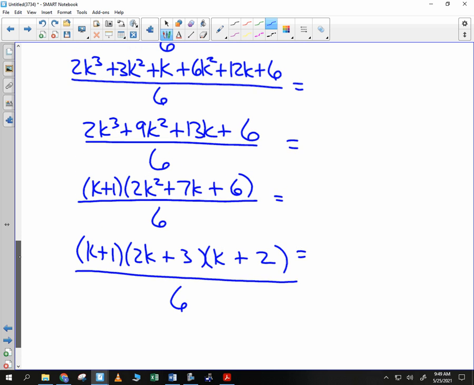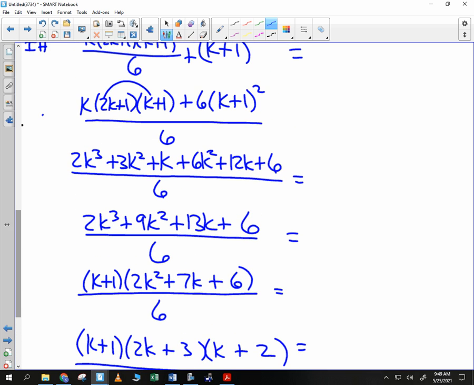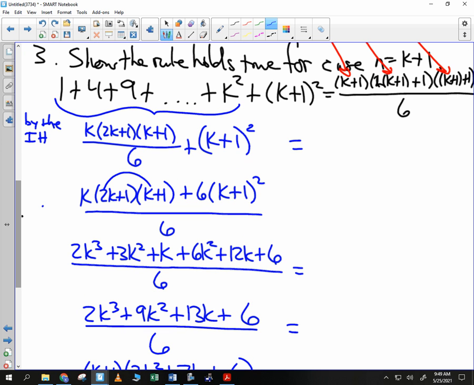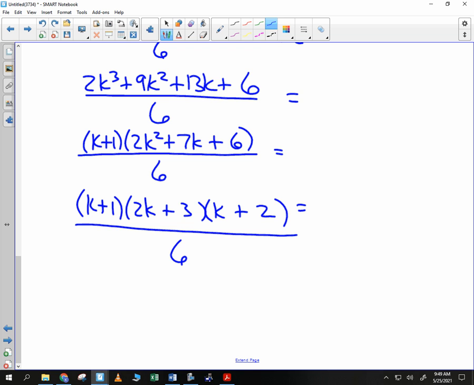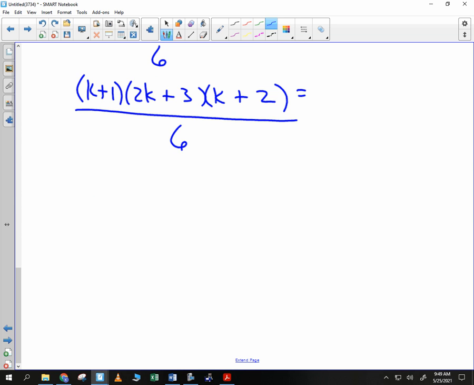And we just peek over to the right-hand side. I've got the K plus 1 on the end. Is that a K plus 2? Yeah. And is this a 2K plus 3? Yeah. In order to make it look like that, I should just separate the 3 into what? 2 and 1. Yeah, so let's just go like this. We're almost there. K plus 1 times 2K plus 2 plus 1 times K plus 1 plus 1.